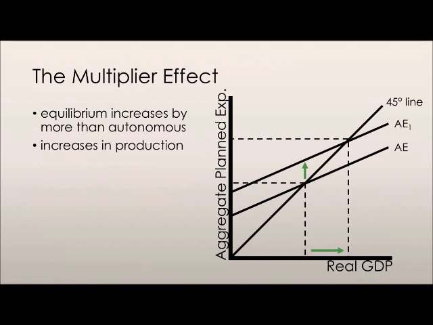So, for example, if equilibrium increases by 200 and the initial autonomous spending was 50, then the induced spending is calculated to be 150 because 150 plus 50 equals 200. And all this previous analysis applies even if there's a decrease in autonomous spending. Then we'll have an induced decrease in consumption spending. So it applies both ways.